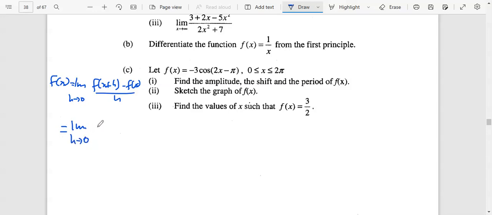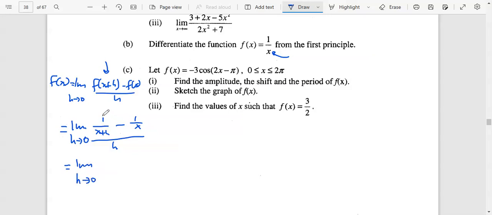We are going to have 1 over x, but where there is x, we are going to put x plus h. Then minus f of x, f of x is 1 over x. Then divided by h.